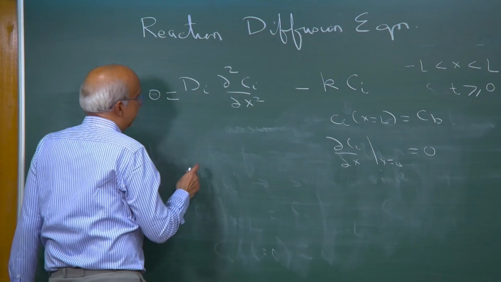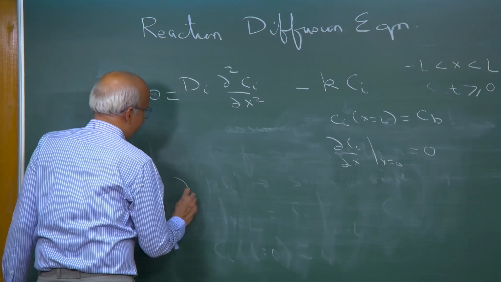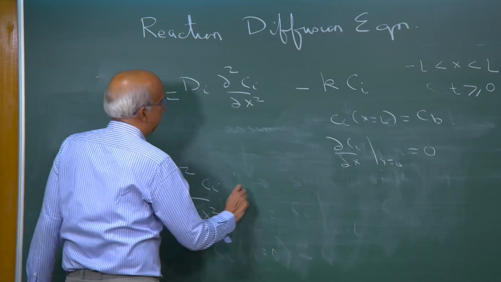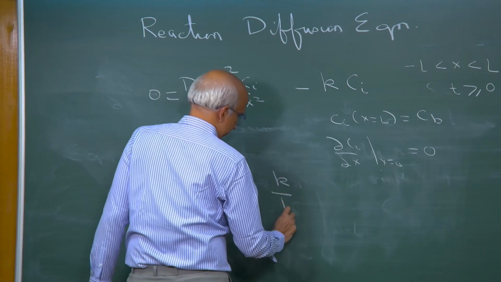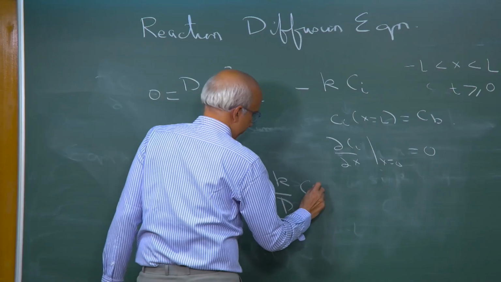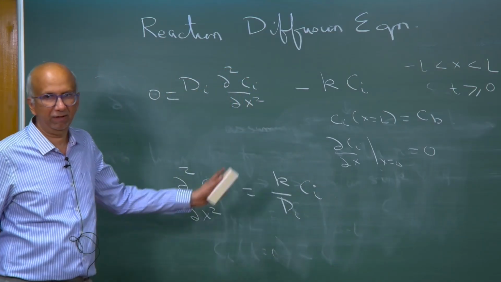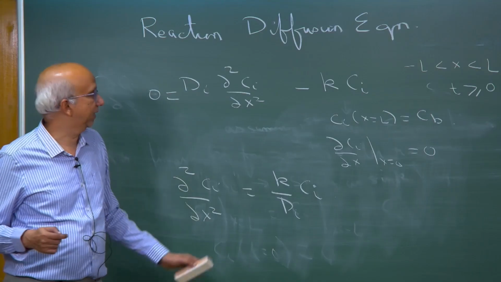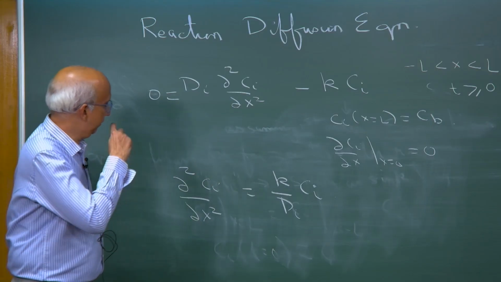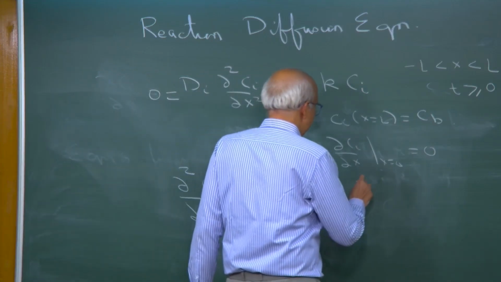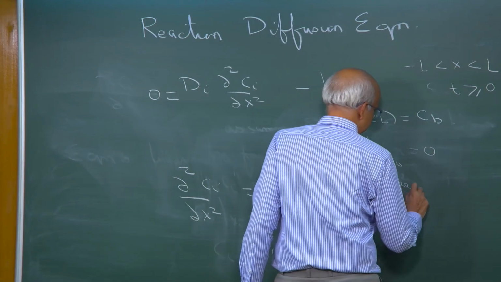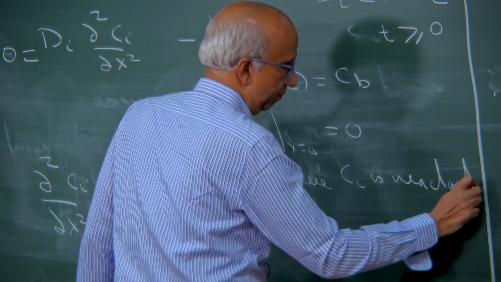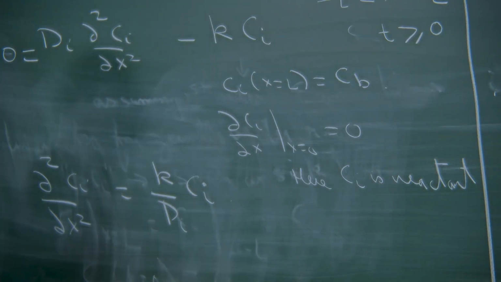Now what I want to do is explain something which I wanted to do last semester, but unfortunately I could not. I have just rewritten that equation, and this particular equation has been written for Ci, the reactant.